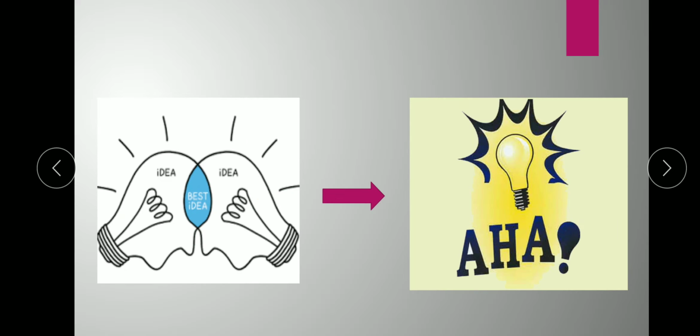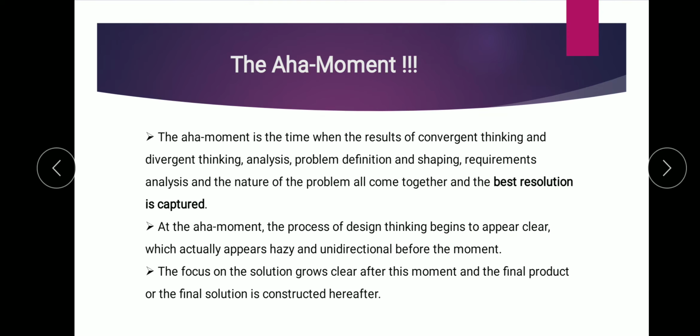So at the last is the aha moment, when you ideate all your solutions, prototype all your solutions, and come up with the best one the consumer likes the most. The aha moment is the time when the results of convergent thinking and divergent thinking, analysis, problem definition, every step in the design thinking process come to the best resolution.